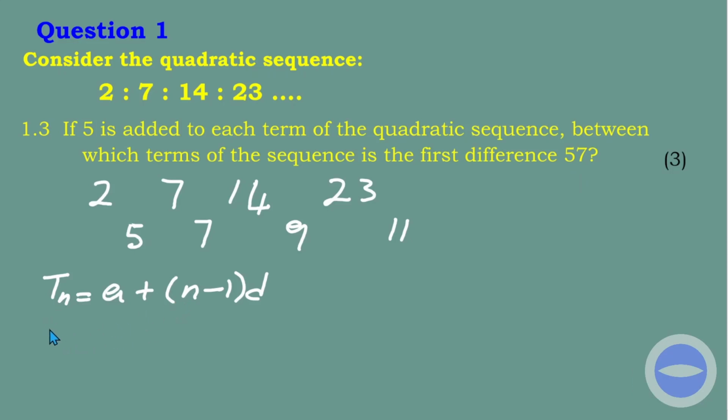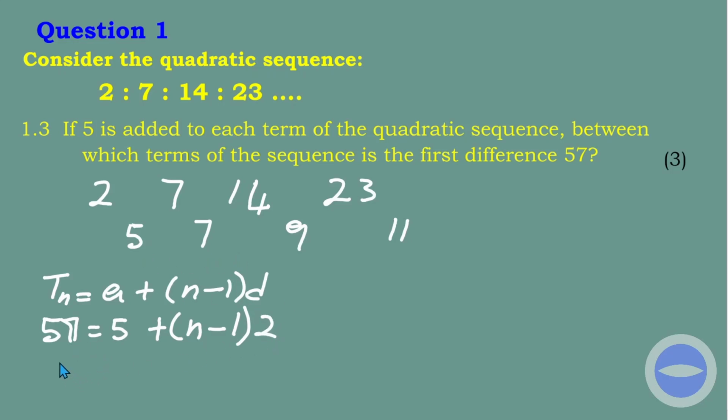So Tn is 57. We are using the first differences, not our sequence, because this general formula is for a linear sequence. So 57 equals our a, which is 5, plus (n minus 1), where n is what we are looking for, and the common difference is 2.